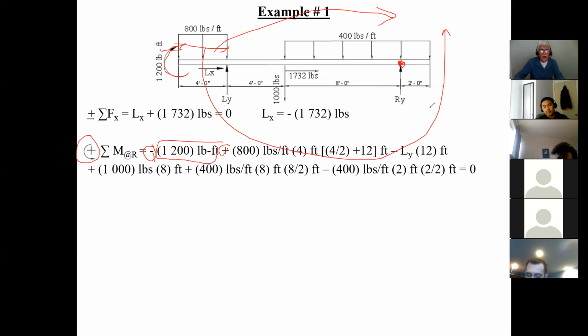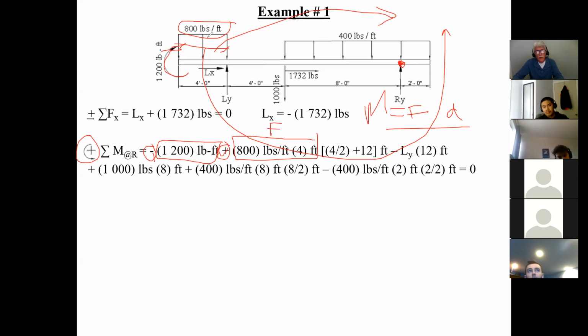Now that I've got the right sign in my equation, I remember a moment is a force times a distance. So what's the force? The force here is 800 pounds per foot. Well, that's not the force, that's the uniformly distributed load. When it's multiplied by 4, that becomes the force. Then what's the distance?